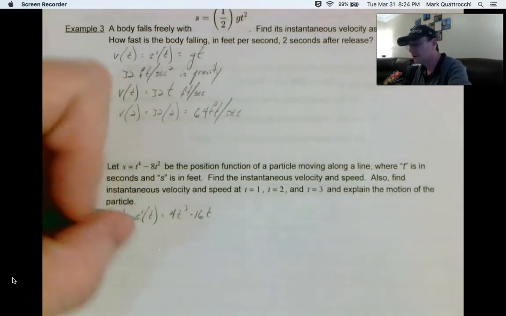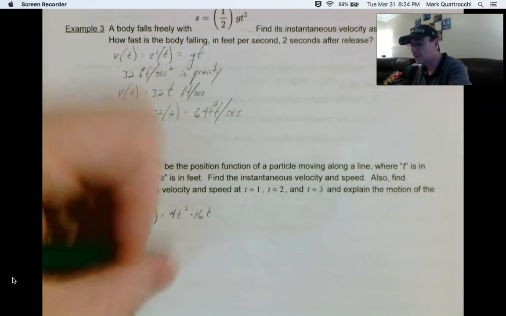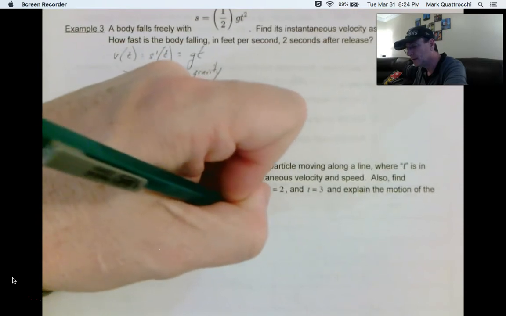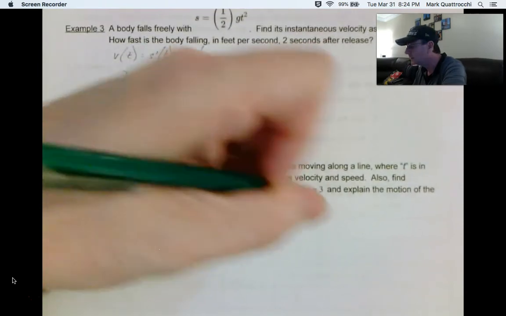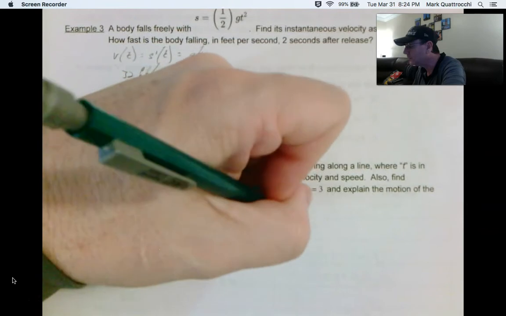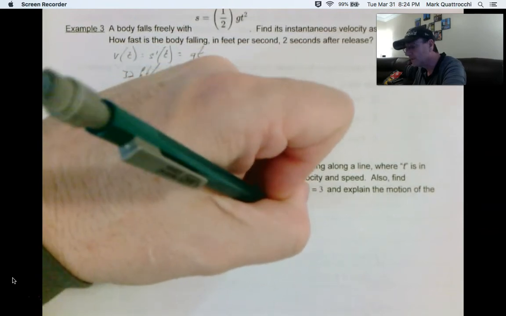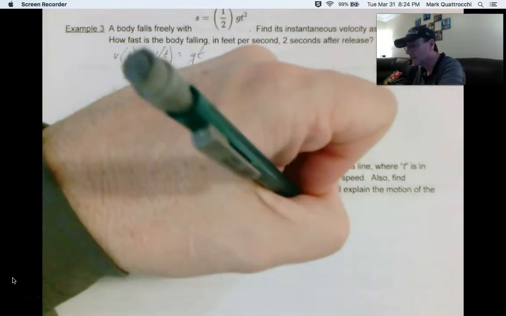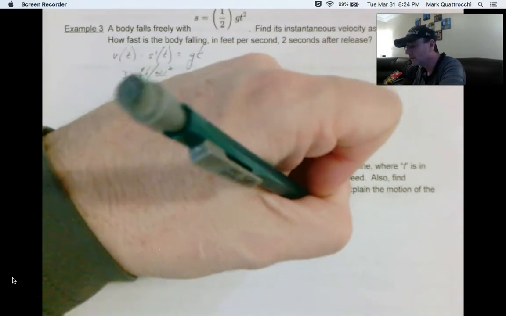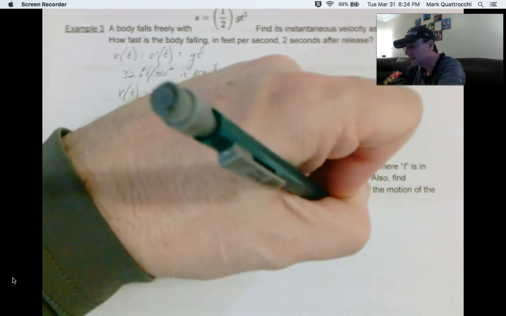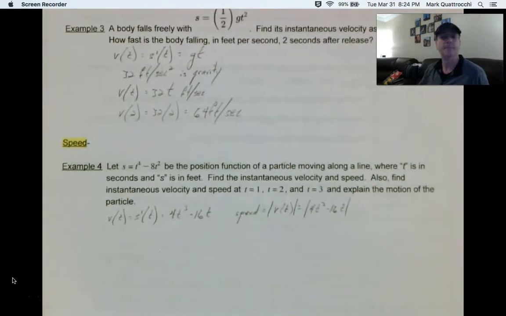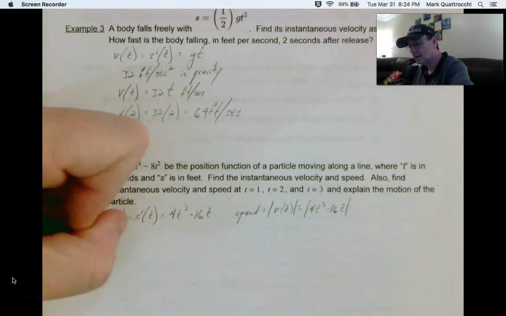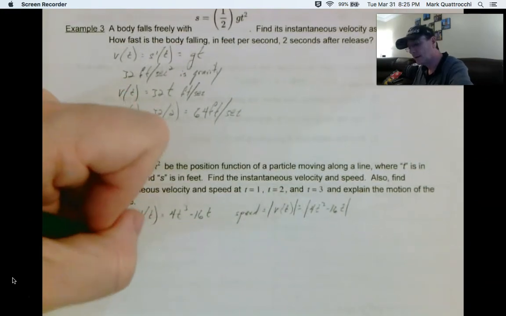Speed is just going to be the absolute value of that. So speed is equal to the absolute value of v of t, or the absolute value of 4t cubed minus 16t.